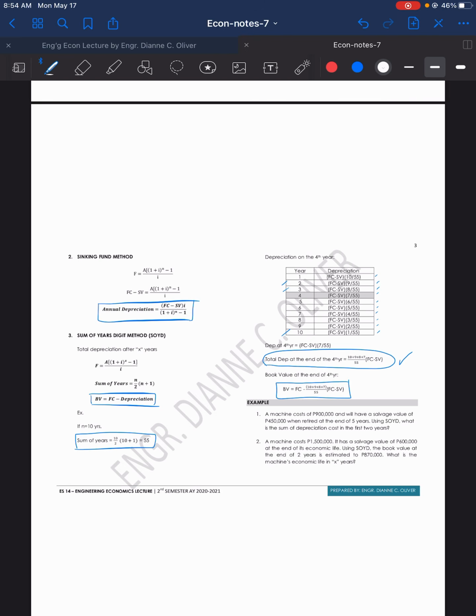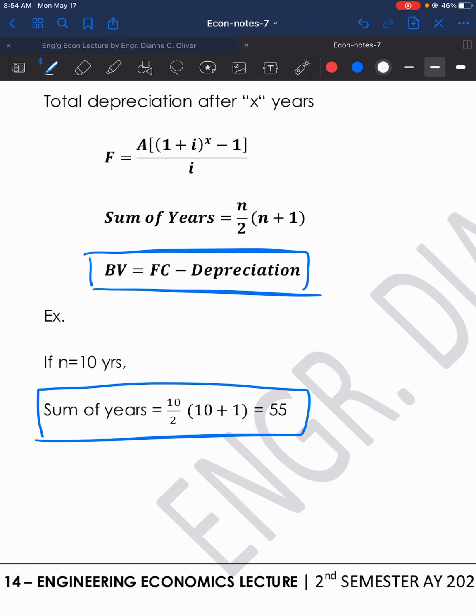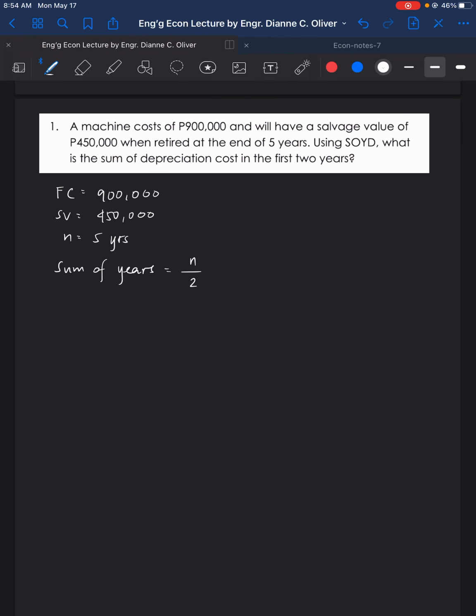So here is the formula for sum of years: n over 2, n plus 1. So we have here 5 over 2, 5 plus 1, and that is equal to 6 times 5 divided by 2, that is 15 years.